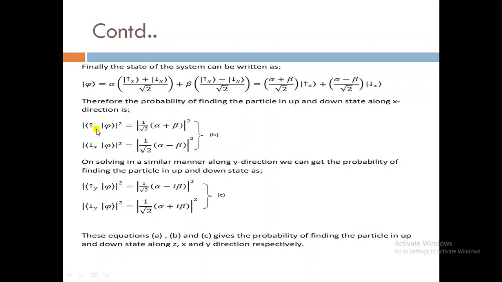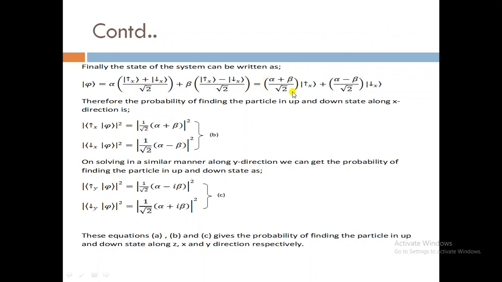This will give the component of the spin state in this total general solution, or wave function, and its square will provide the probability of finding the particle in the spin up state along the x direction, okay.